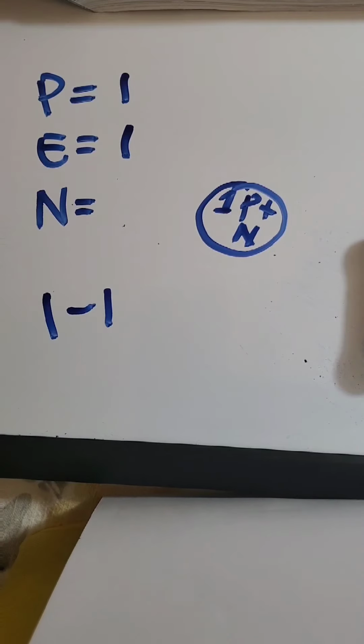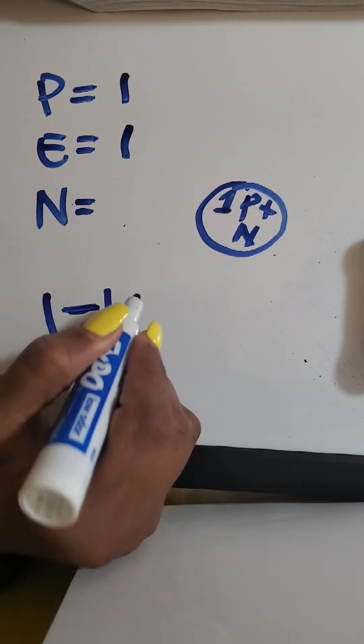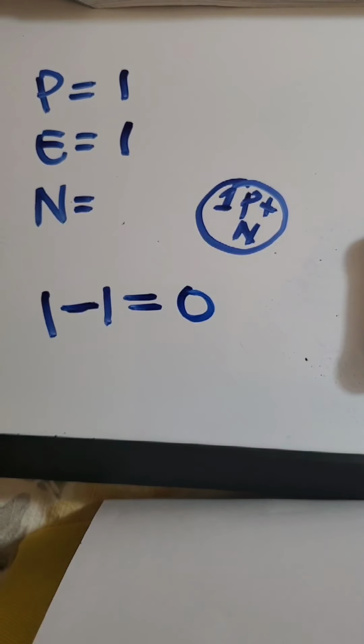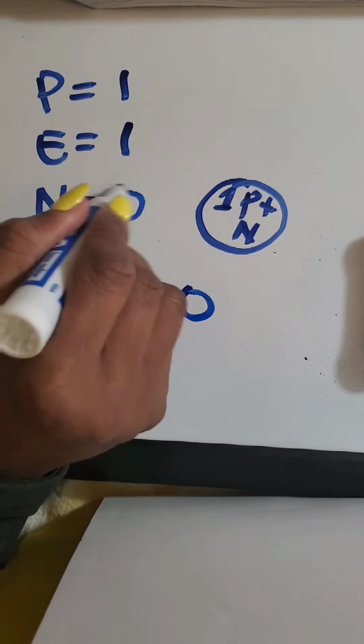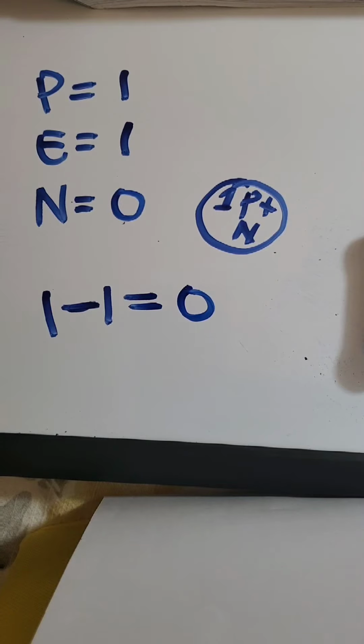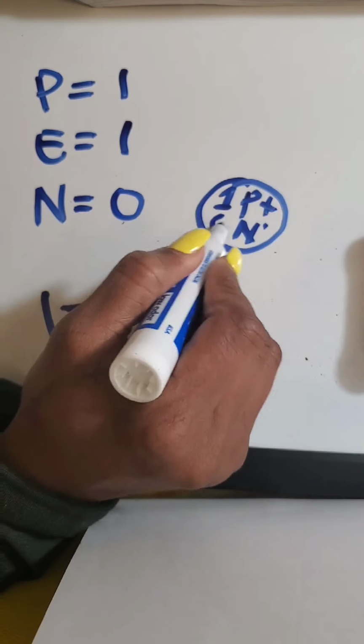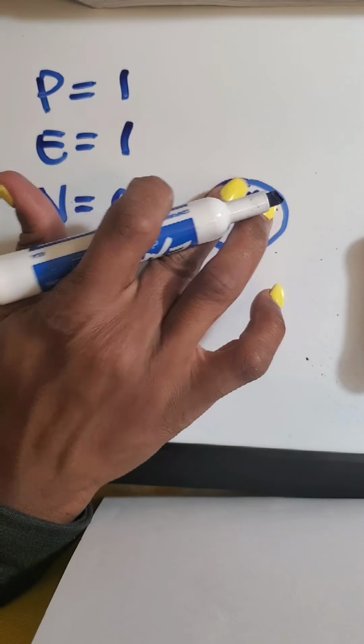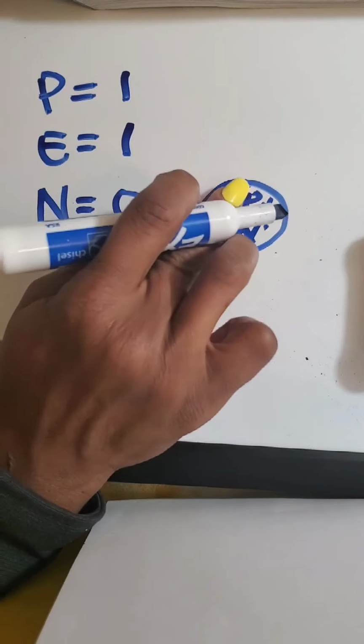We don't know how many neutrons yet, so we have to calculate. We know that the mass number is 1.008, rounded off to give you 1. Then we subtract the atomic number of 1, which gives us 0. So we have no neutrons in the nucleus of the hydrogen atom, and we have 1 proton.